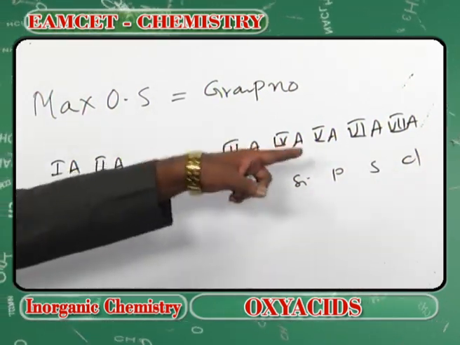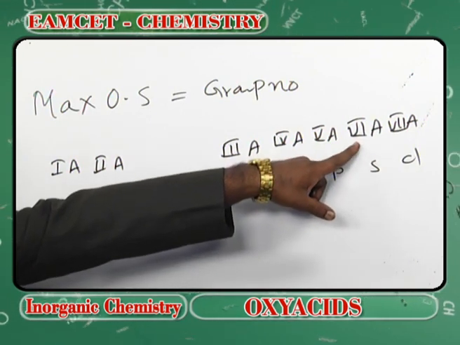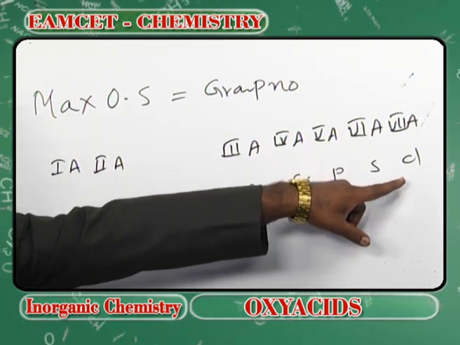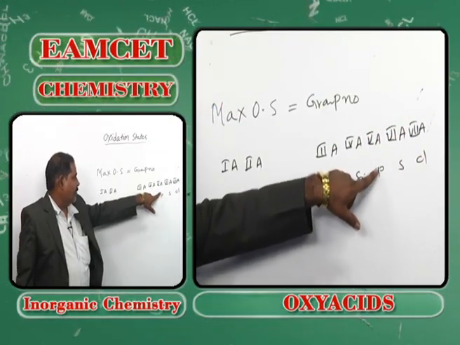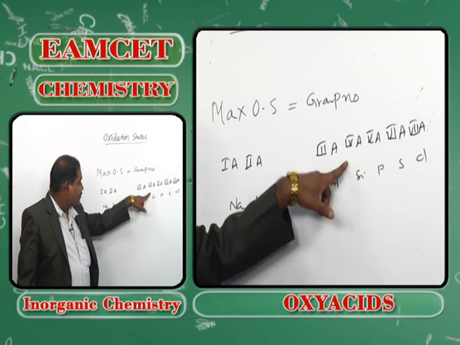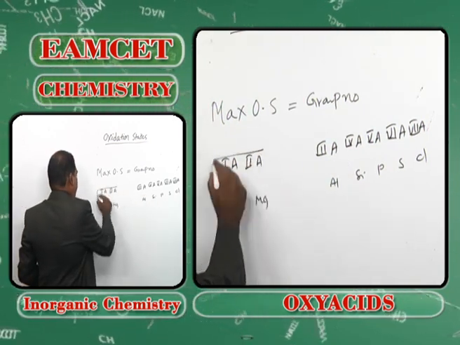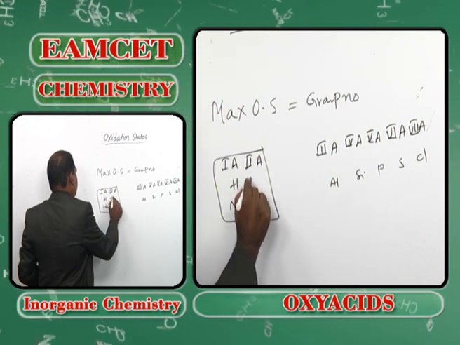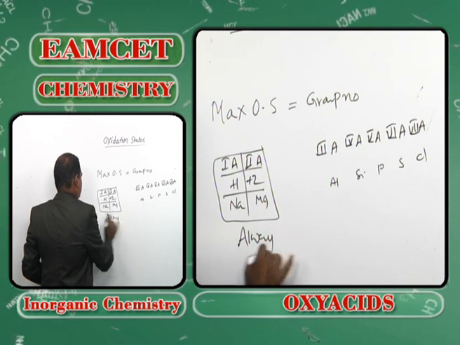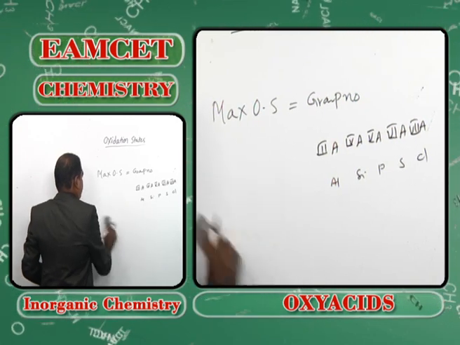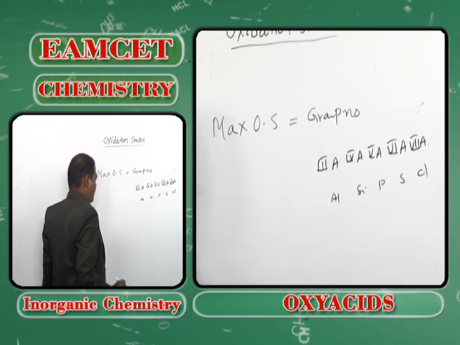When I ask you what is the maximum oxidation of sulfur, sulfur belongs to 6th group, plus 6. Chlorine belongs to 7th group, maximum plus 7. Phosphorus belongs to 5th group, maximum plus 5. Silicon, maximum plus 4. Aluminum, maximum plus 3. Don't worry about 1A, 2A, they are plus 1, plus 2 and fixed. They are always. So, don't worry about 1A and 2A. Maximum oxidation state is equal to group number, for which copper is an exception.